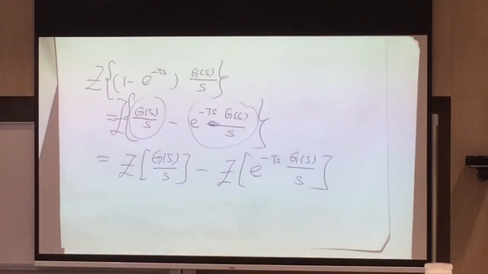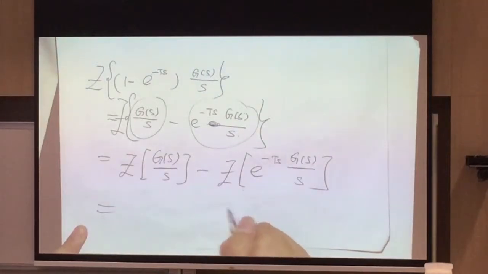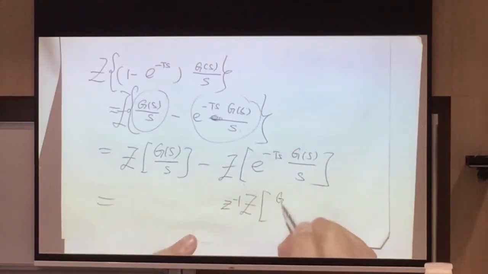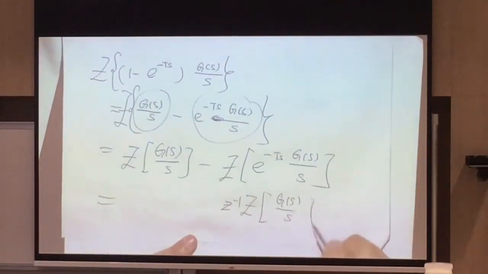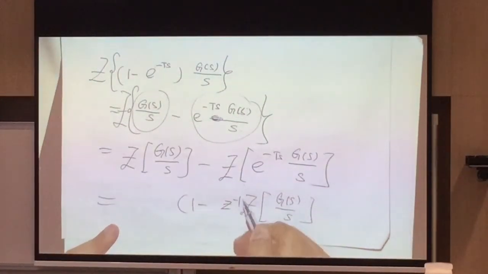Okay, so because of this, you also understand this one. This one itself is just one time delay of the G(s) over s. And this one you also got G(s) over s. So this is the reason it is combined.